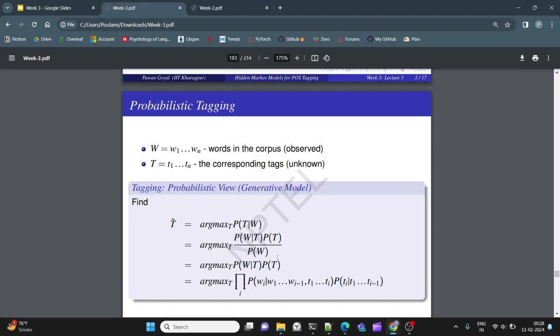Now probability of word would be common across all the tags, so that is a normalizing factor. It won't make a difference in the argmax computation, so we have dropped it, and we have got probability of W given T into probability of T. Once that is there, we simply use the chain rule and break it down to this point.